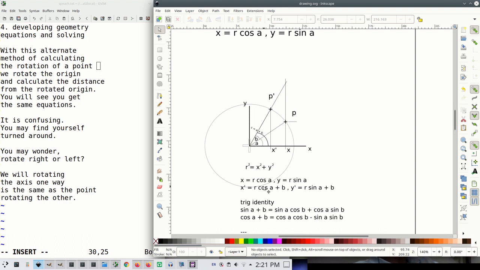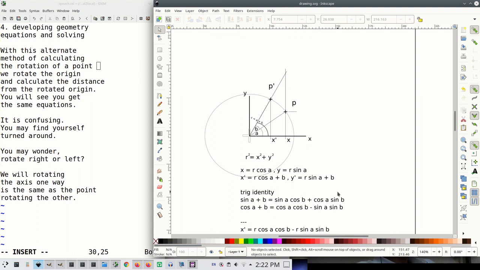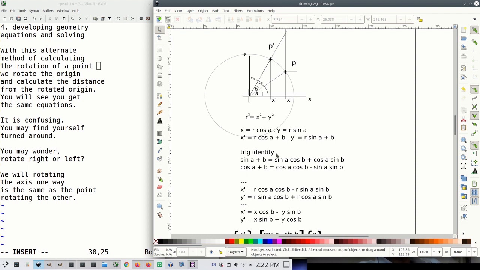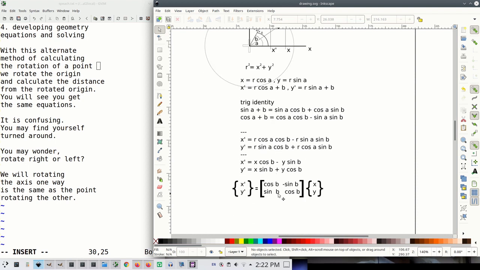So we have x equals r cos a, y equals r sine a as before, and now for our rotated point, x prime for rotated, x rotated equals r cos (a plus b), and y rotated equals r sine (a plus b). Then we substituted in the trig identities for sums of angles, plugged those back into the equation, and we got our matrix.